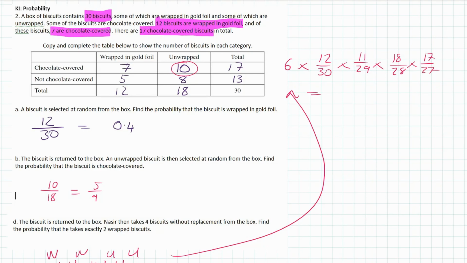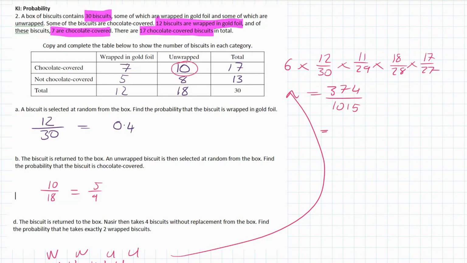So if we chuck this into our calculators, what do we get? 6 times 12 over 30 times 11 over 29 times 18 over 28 times 17 over 27. 374 over 1075. That would be the exact answer.